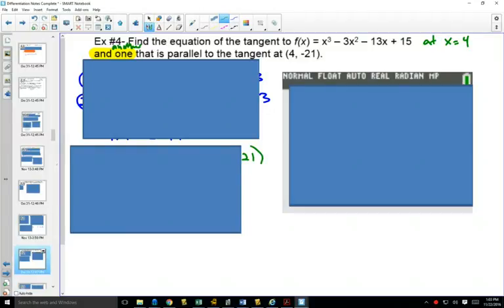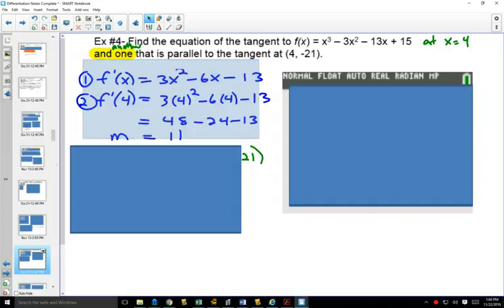And they tell you the y point this time, so we've got the coordinate already. If they just said find the equation of the tangent, that would be your general derivative. Finding the equation of a tangent and they didn't specify, then they want the entire derivative equation because that's your gradient function of all of your tangents.